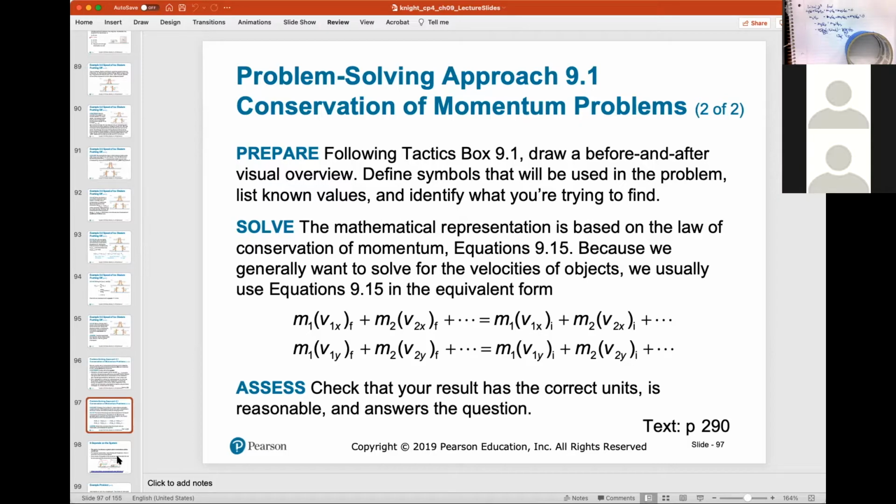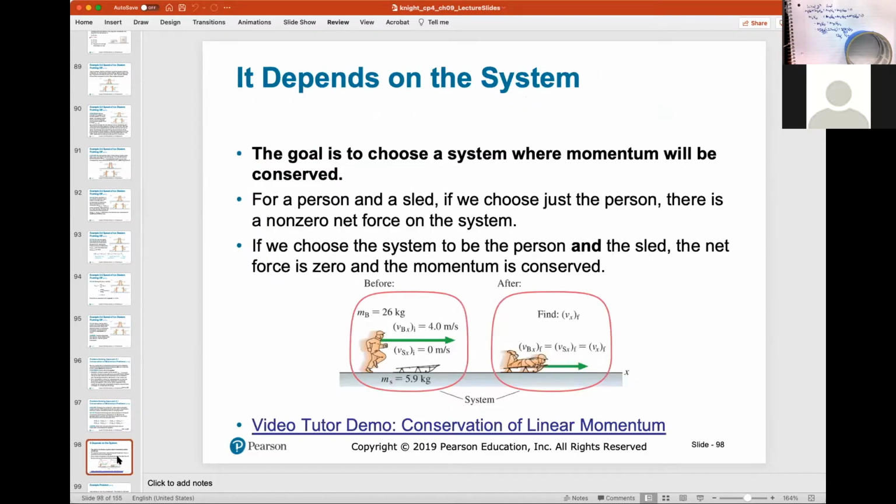It's okay. But we could do this with a system of many, many equations, okay? And that's fine. So we can solve these equations. Sometimes we have to solve a system of equations if there's two dimensions, but that's okay. Let's look at another example where we have a boy running, or a girl, and this person runs and jumps on a sled, okay?